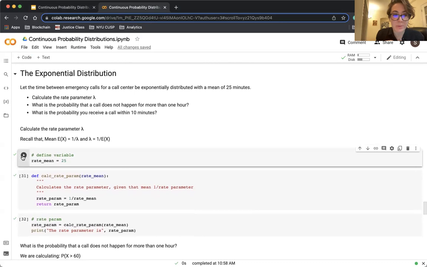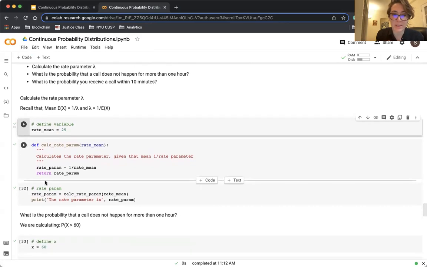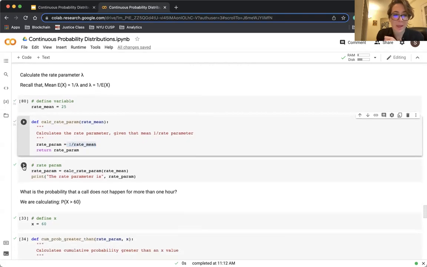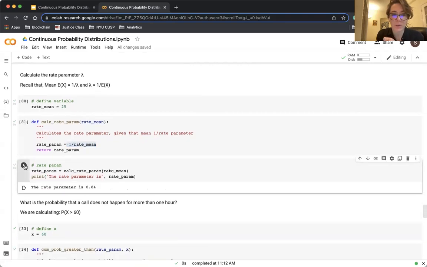So for that rate, we have the mean, and using this type of function that I just crafted, which pretty much just takes that and divides it from 1, it will return that rate parameter. And we can now see the rate parameter is 0.04.